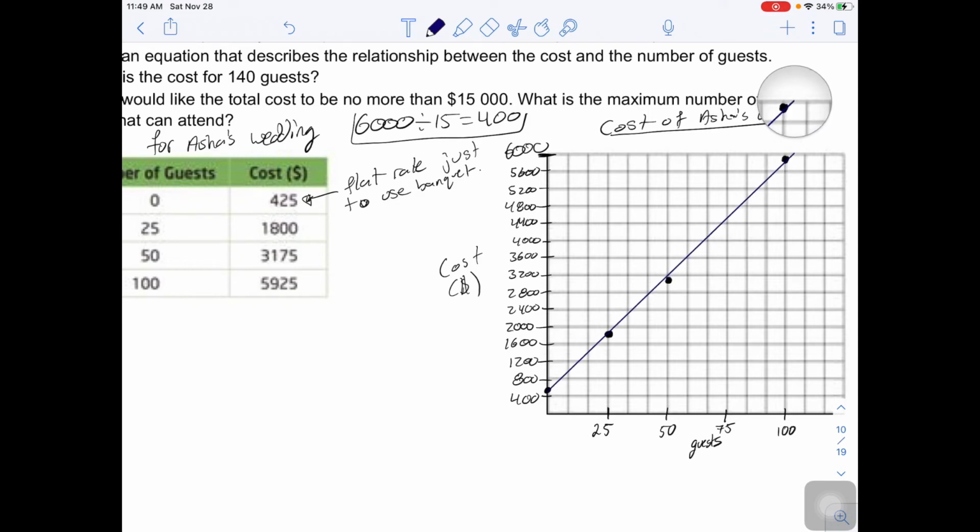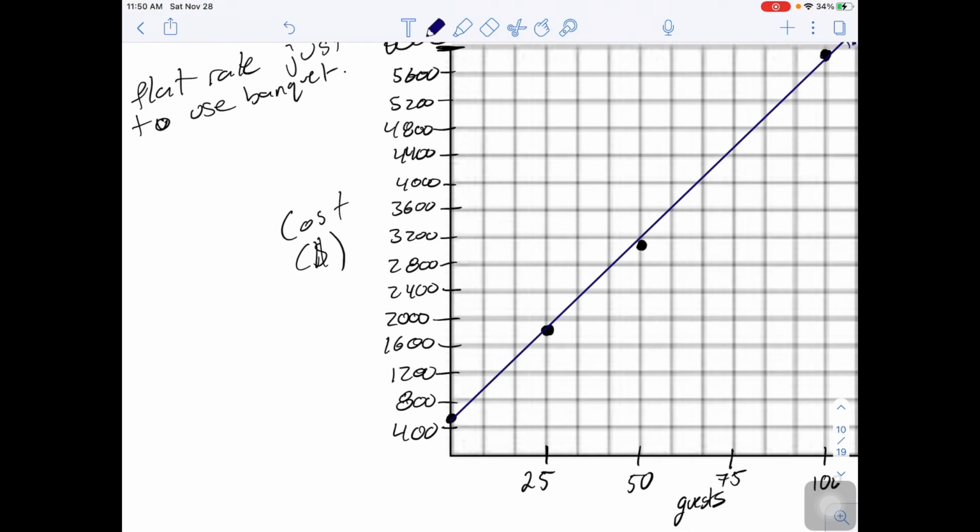A bit of it is off, mainly because we had to estimate a few of those points. So we can move a few of these points a little bit more accurately. There we go. We could move this one a little bit up and it won't hurt anybody. There we go.